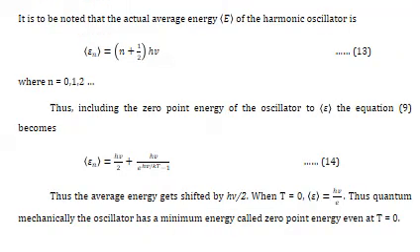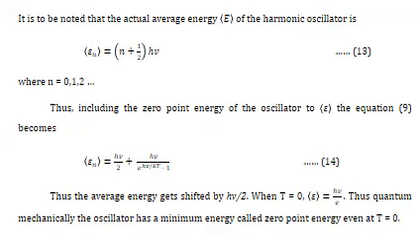Now, the energy according to the harmonic oscillator is En equal to n plus half times h nu. We know these things in quantum mechanics also. Therefore, including the zero point energy in equation 9, what will be the equation? We know equation 9 is E equal to h nu divided by e power h nu by kT minus 1.